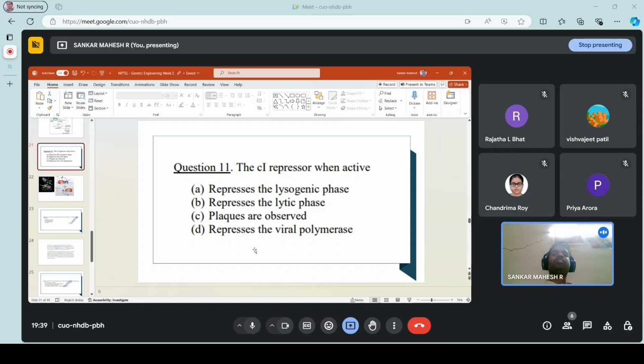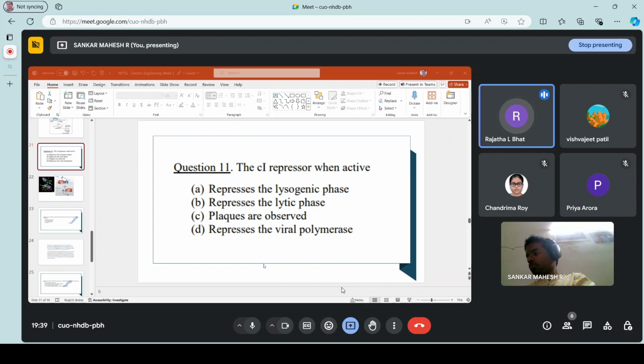Can anyone list the two phases of viral growth? Lytic and lysogenic phase.